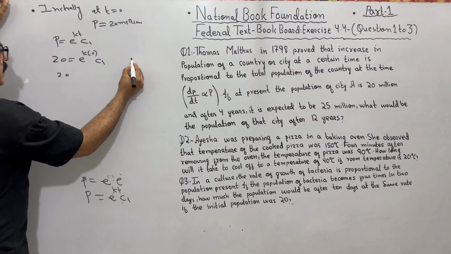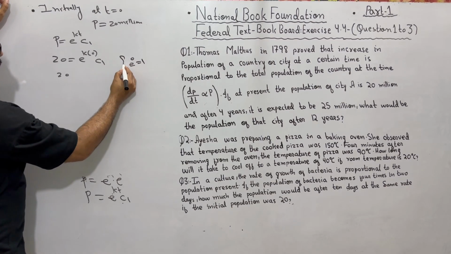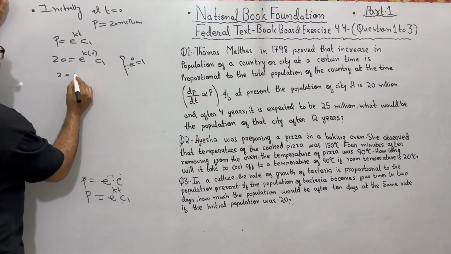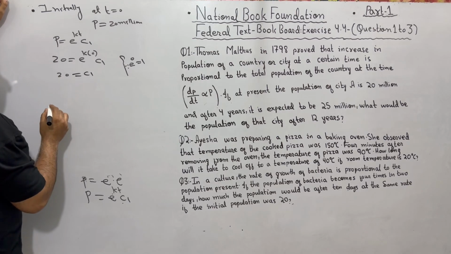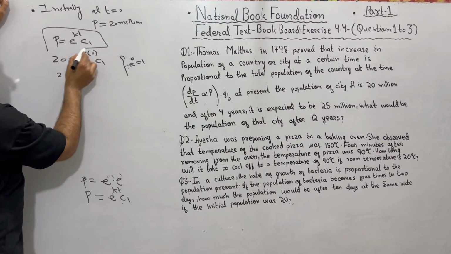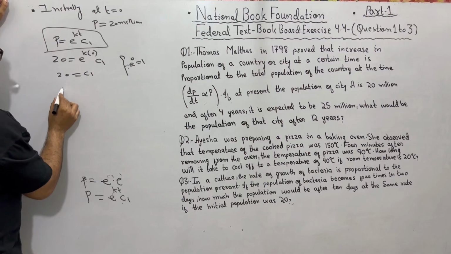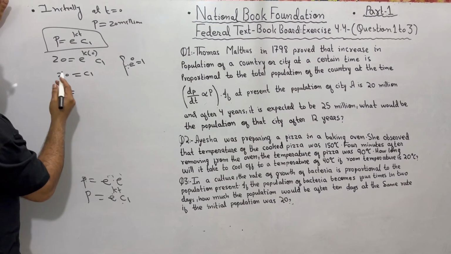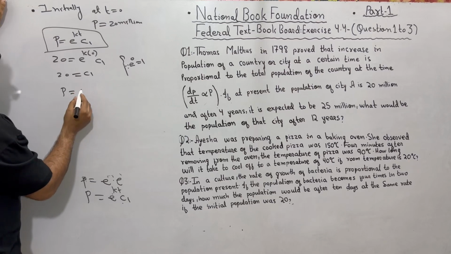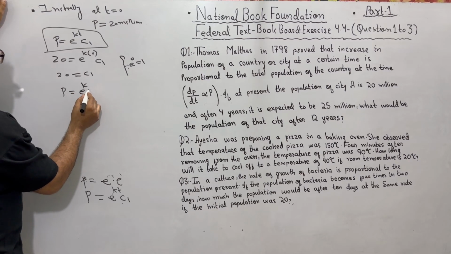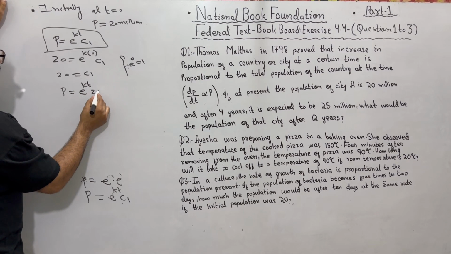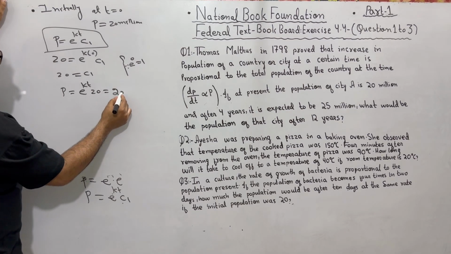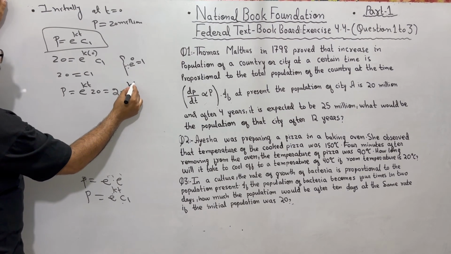Any non-zero quantity raised to the power 0 is equal to 1. Any non-zero quantity, mark my words. So c1 is 20. We have taken a big leap forward. We have found the value of the constant c1, so P equals 20 times e raised to kt.